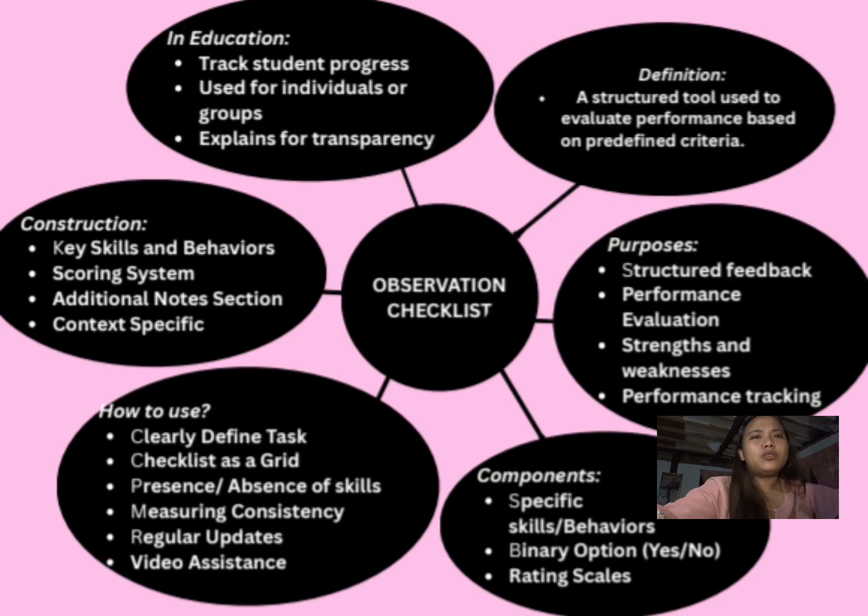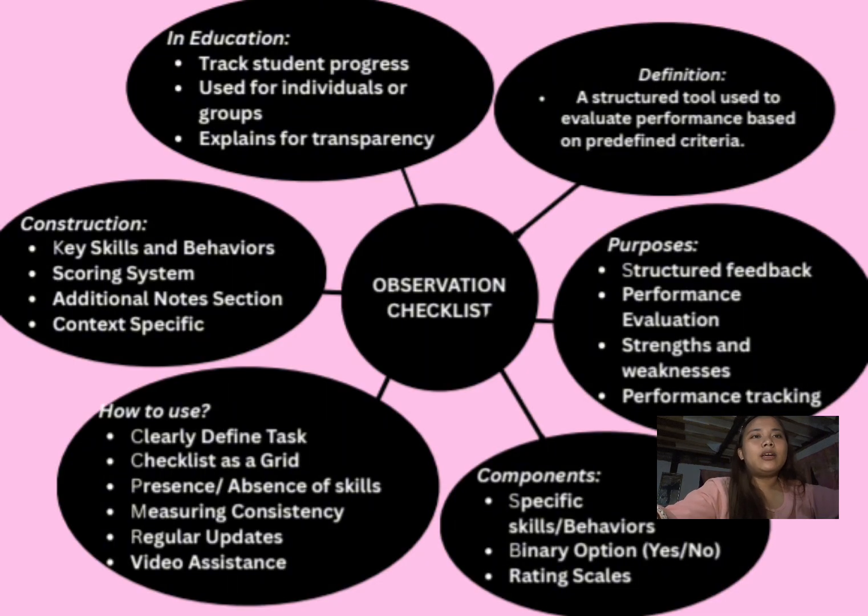So when to use binary options? This is best for basic assessments where you just need to know if a particular action occurred or not. For example, imagine a checklist for a student performing a science experiment. First, wore safety goggles.